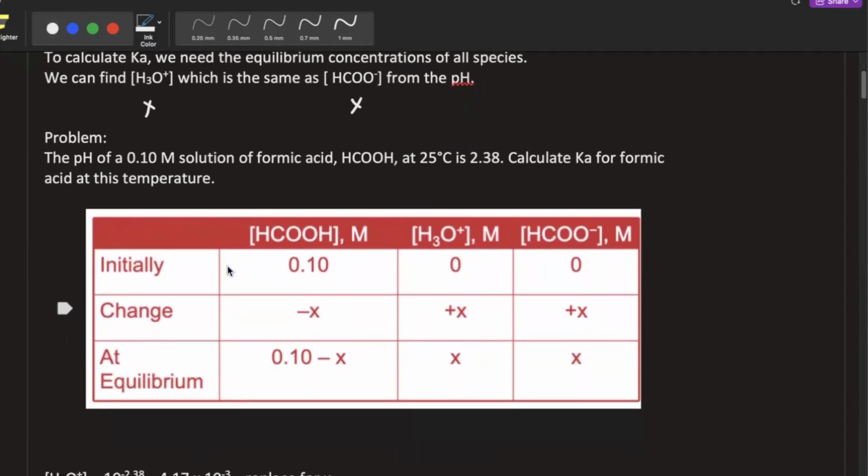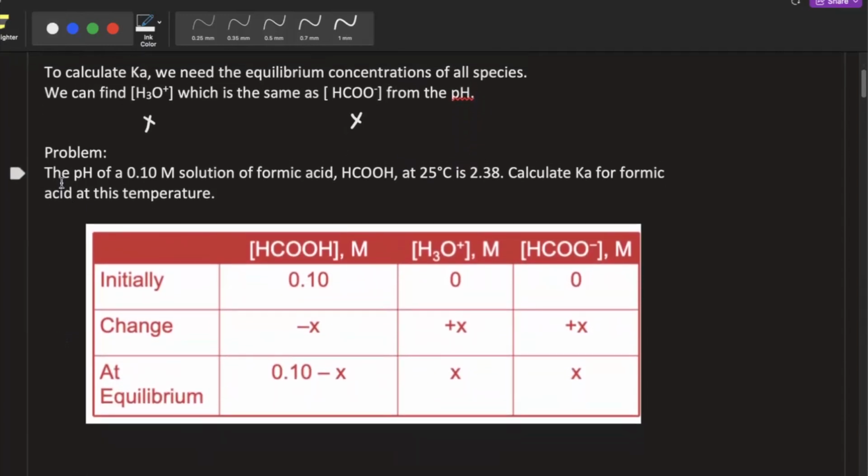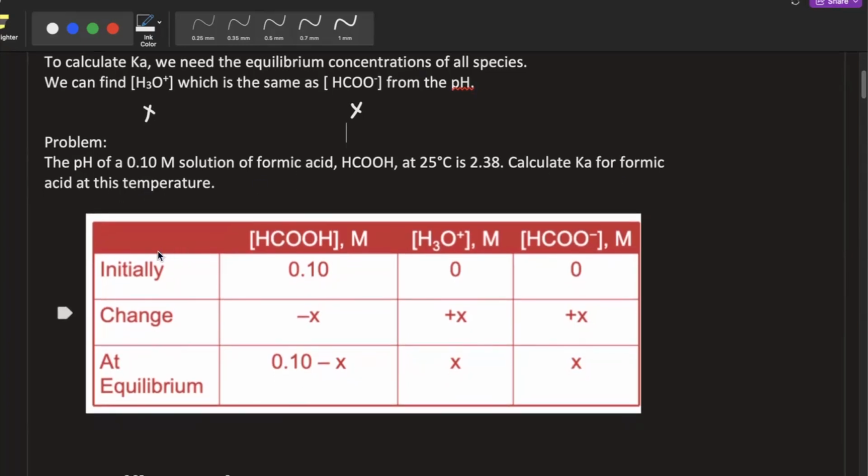Now for an example problem: the pH of a 0.1 molar solution of formic acid, which is going to be our HCOOH, at 25 degrees Celsius is 2.38. Calculate Ka for formic acid at this temperature. What we're going to do is write an ice chart.